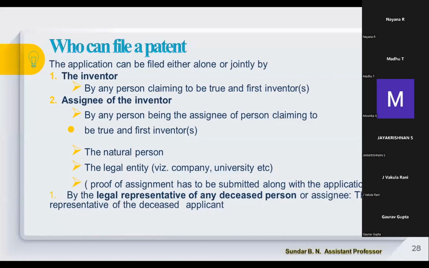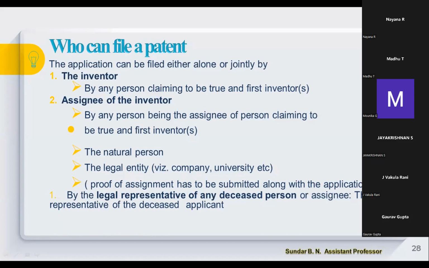So who can apply? Who can file a patent? That's very important to know. The inventor of a product or idea can file straight away. Along with him, or apart from him, the assignee of the inventor. Say, for example, a person is the inventor. He may be dead, or he may have given power of attorney on his behalf.